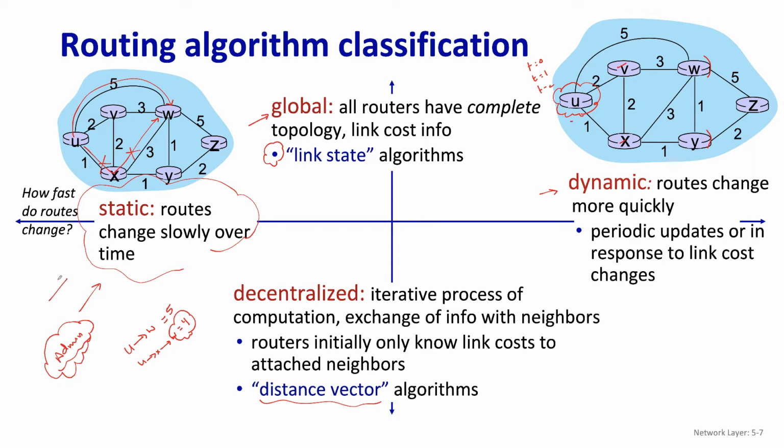In most cases, we use static routes when we don't expect a huge change in our network, or the changes in our network are not that fast.